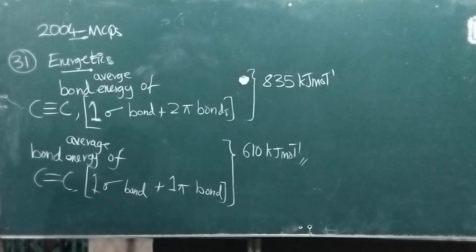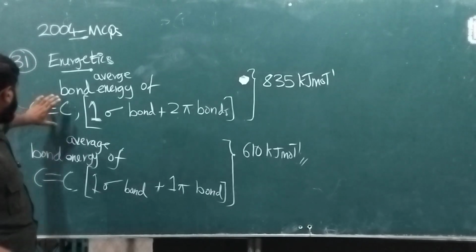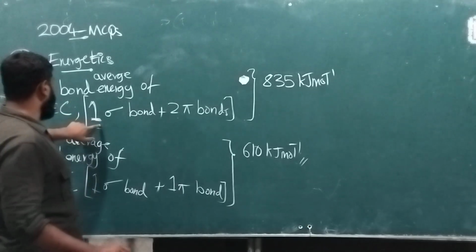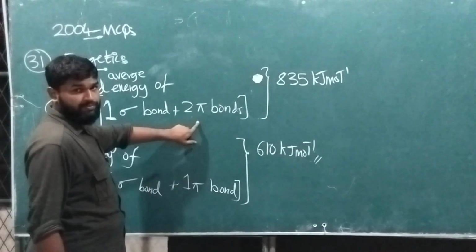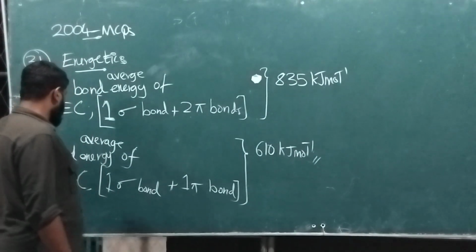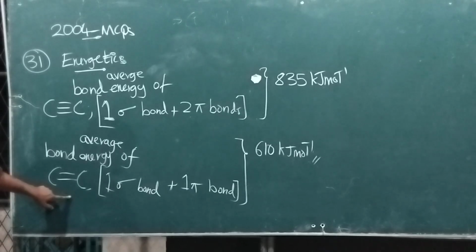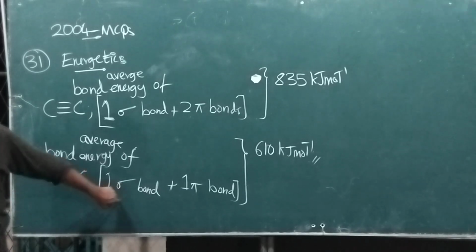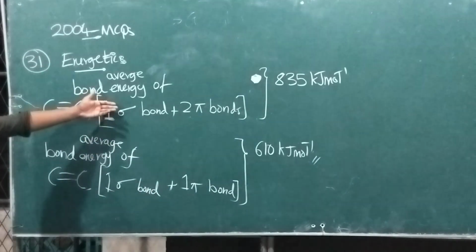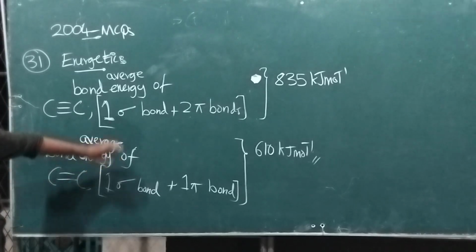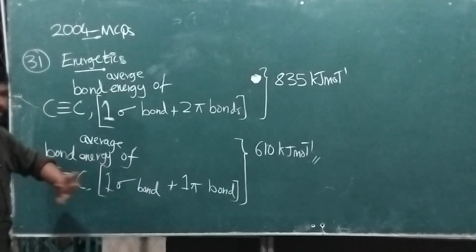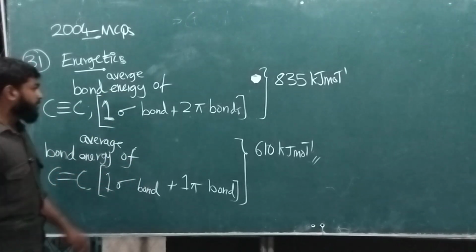Now what I am going to do is subtract the bond energies. In the triple bond we have one sigma bond and two pi bonds, but in the C double bond C, we have one sigma bond and one pi bond. So if you subtract, the sigma bond's energy will be cancelled out.